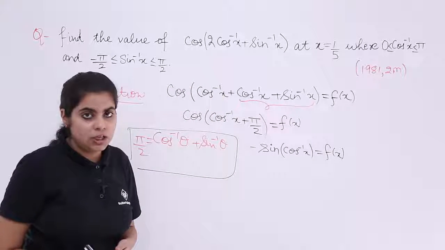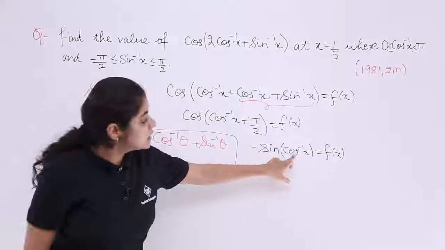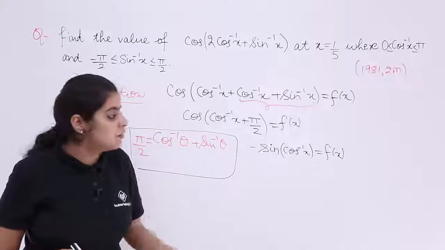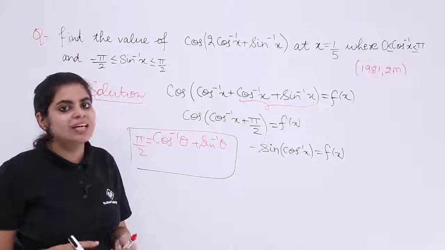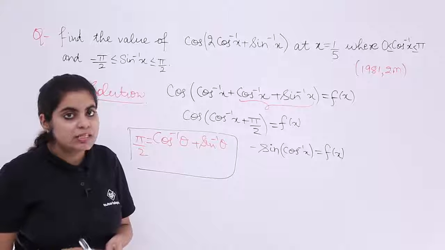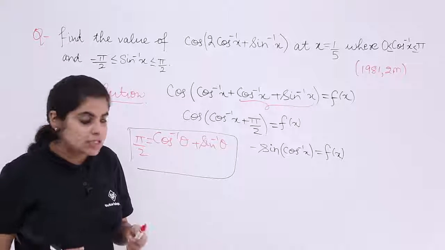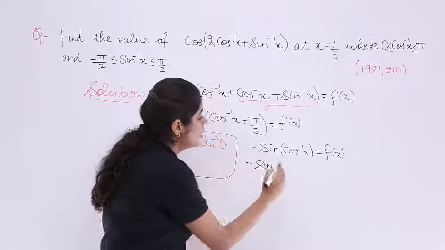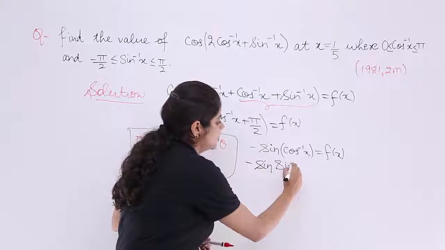Now, for cancellation, here outside is sine, inside should also be sine inverse, but this is not the story. Here we have cos inverse inside. So, how can cos inverse be changed into sine inverse? We know that sine square theta plus cos square theta is equal to 1. Similarly, with minus sine outside, changing cos inverse to sine inverse will be very easily possible.